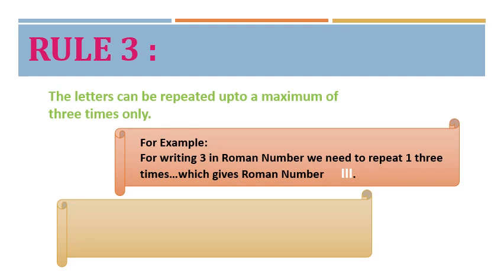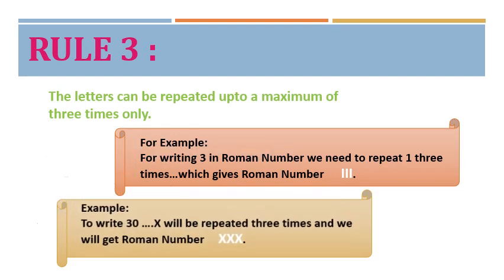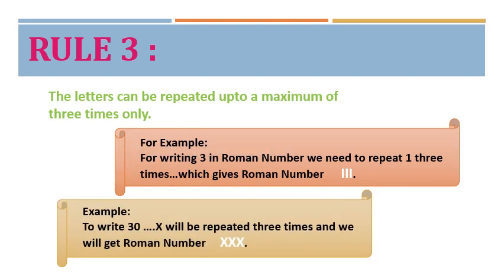For writing 3 in Roman numbers, we need to repeat I 3 times, which gives the Roman number III, which means 3. We can also see another example. To write 30, we can repeat X 3 times and we'll get the Roman number XXX. That means 30.